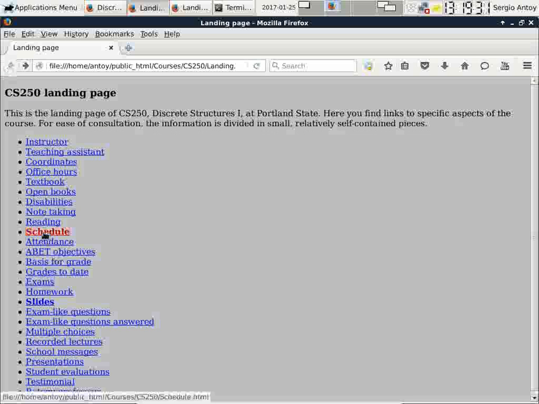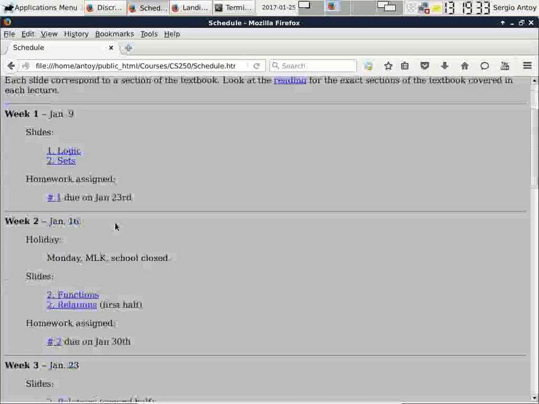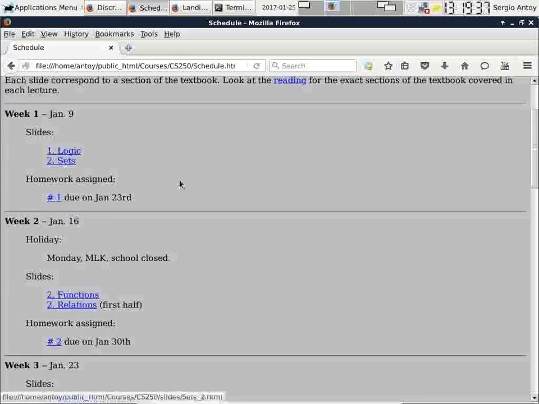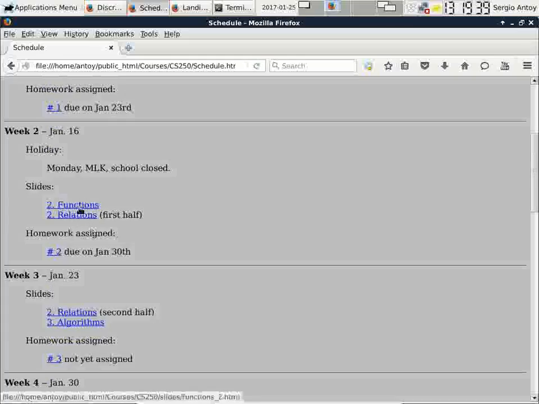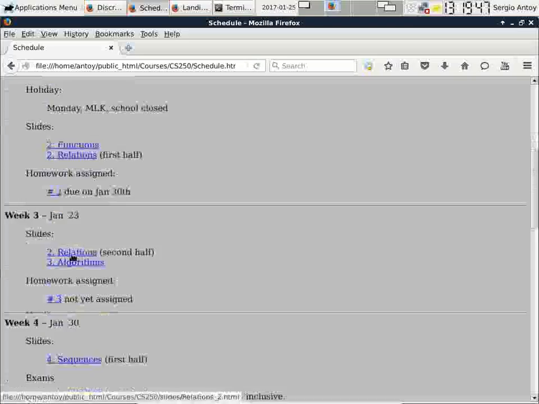If we look at the schedule, we have section 1, logic, and section 2, which has sets, functions, and relations. So, section 1 and section 2. Any more questions? All right, have a great weekend.